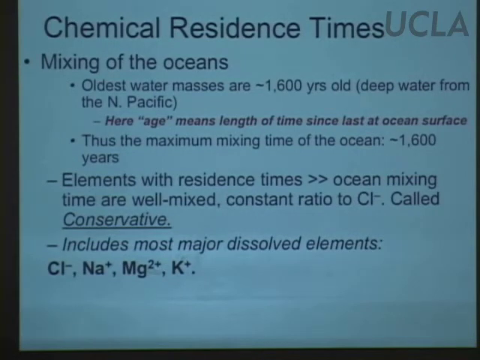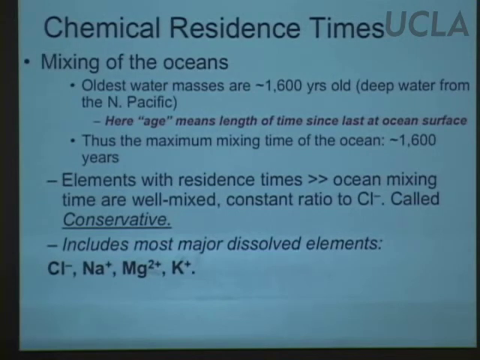And this comes from the idea that, as far as we can tell, the oldest water masses in the ocean are a little more than 1,000 years old, something like 1,600 years old. And in this instance, what I mean by age, or old, is how long has it been since some parcel of water in the ocean was last up near the surface?